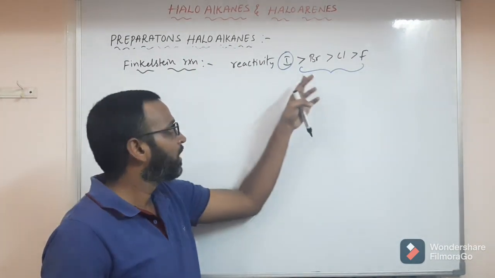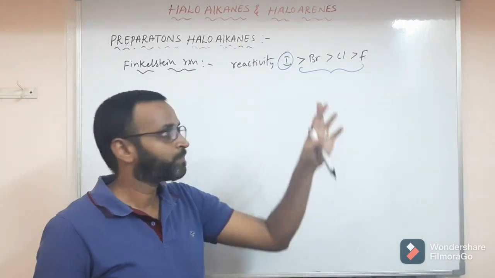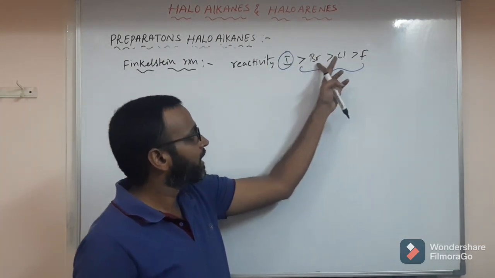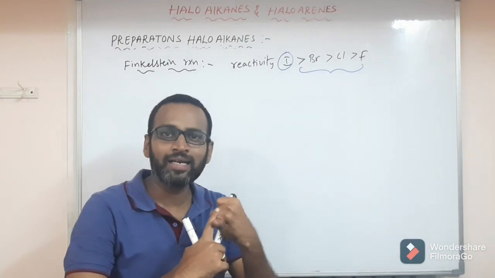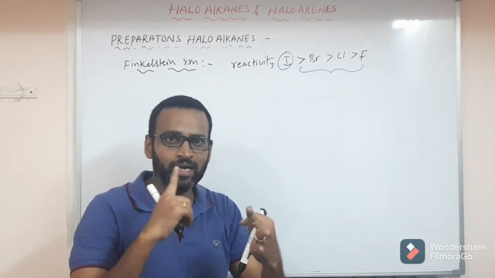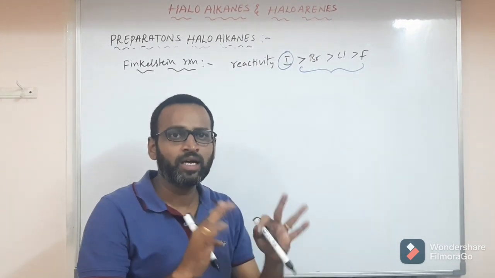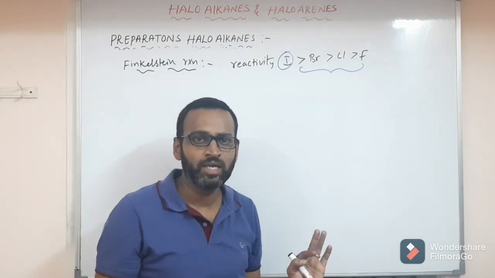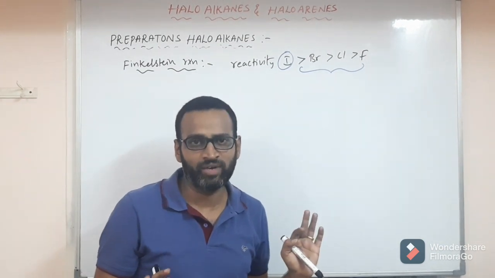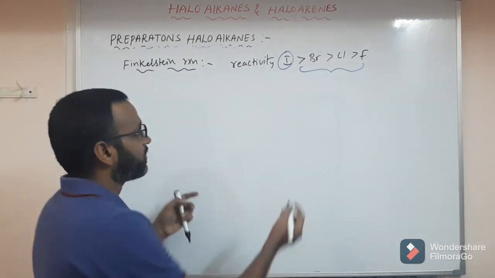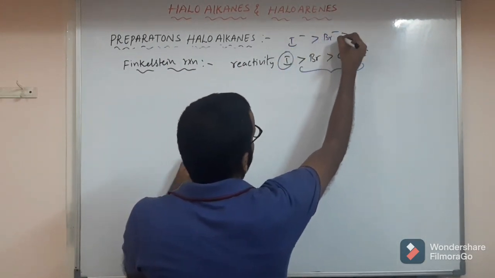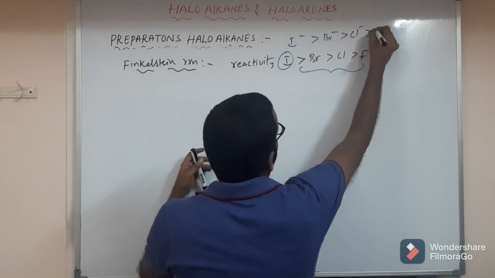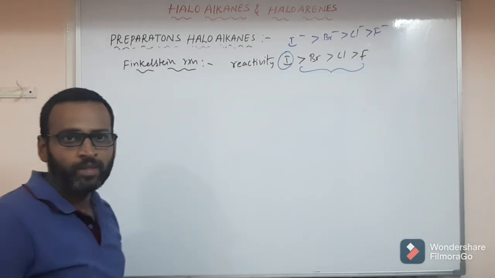I repeat, from alkyl halide. Iodine can replace any one of these. If you took alkyl bromide, alkyl chloride, or alkyl fluoride, iodine can replace, because I minus is the best nucleophile. You can see I minus is greater than Br minus, which is greater than Cl minus, which is greater than F minus. Got it?